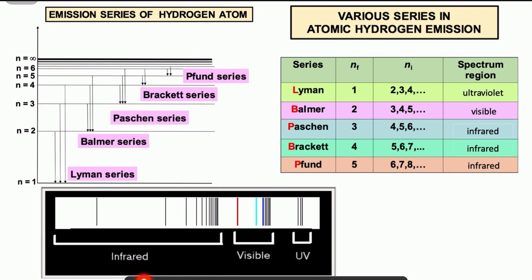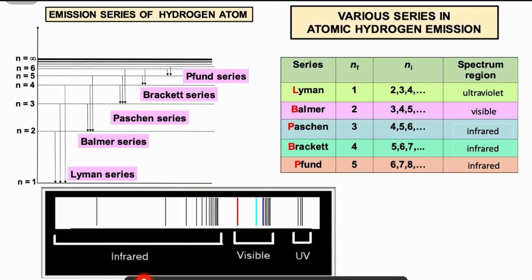So there are 5 possibilities for the spectrum that can be produced: the Lyman series, the Balmer series, Paschen series, Brackett series, and Pfund series.